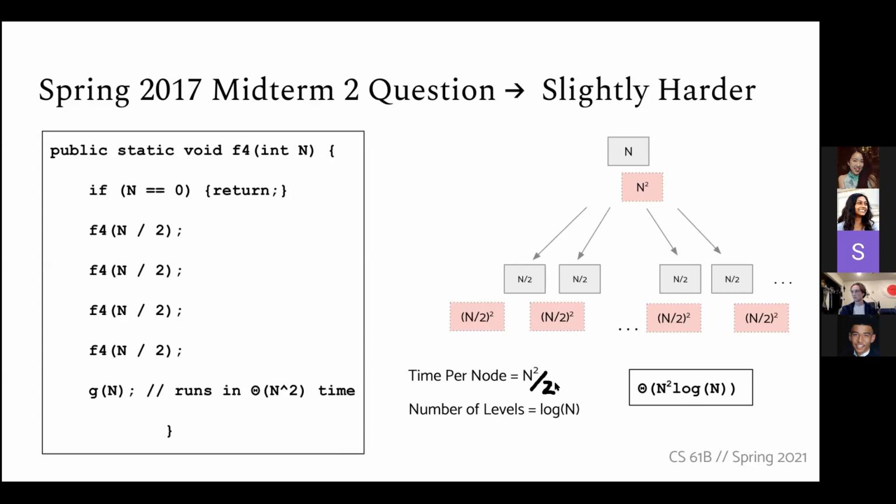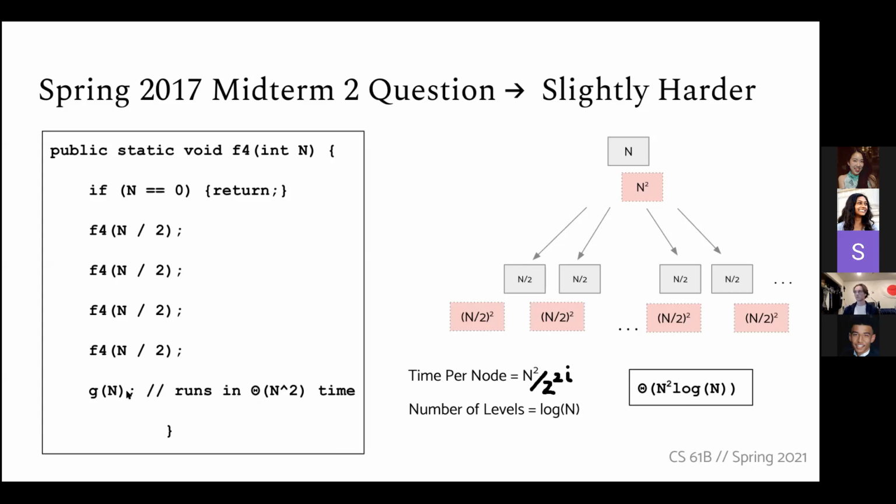Okay, that makes sense. And then if there was no G of n, would the runtime just be log of n? Not quite. I can let Michael answer this, but if there was no G of n, then the work per node would be 1, right? It would be constant basically, because it's not dependent on n.